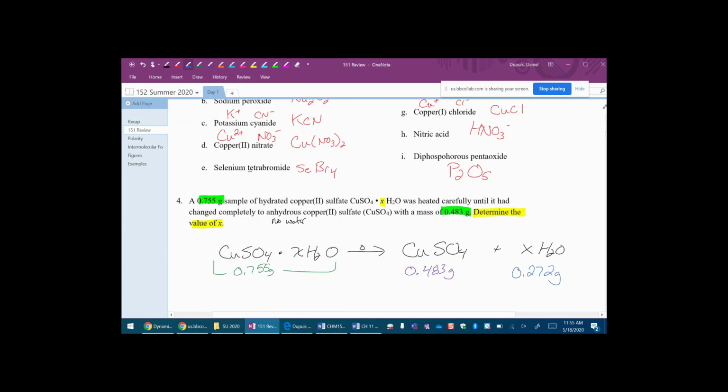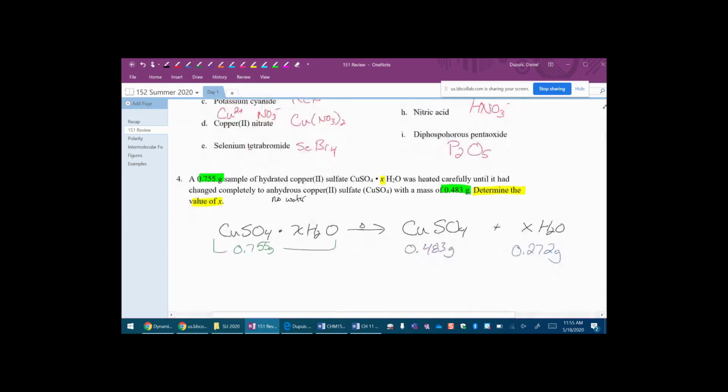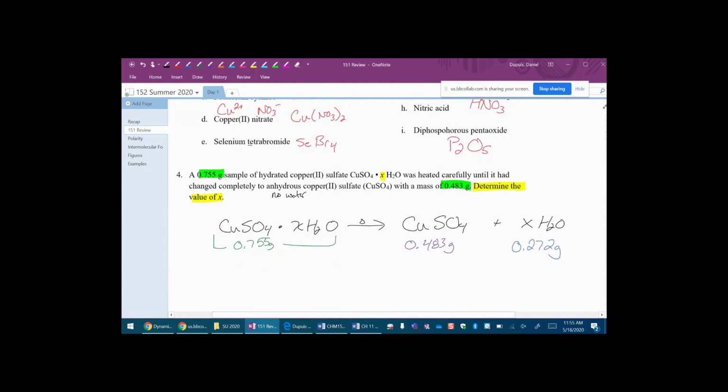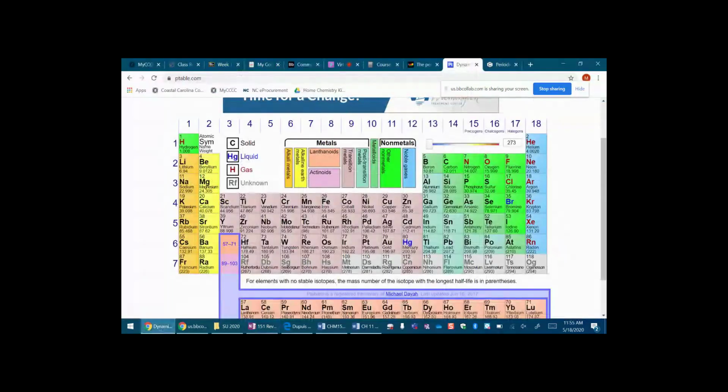So now I have my mass ratio. Mass ratios are good, but I don't want mass. What do I need to do? I need to divide by the molar mass, right? So copper is 63.55 grams per mole, plus sulfur, 32.07, plus 16 times 4. I think that's 159.62. Did I get all those numbers right? It's 32.06 in this table, so that's not quite right.